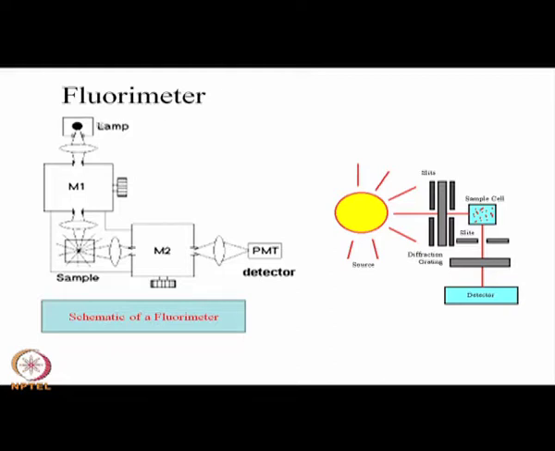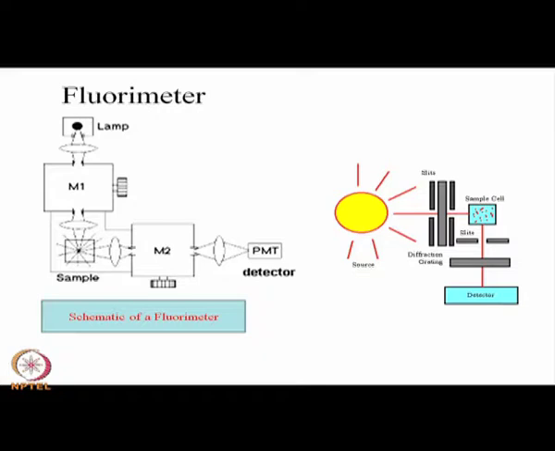So, therefore, you have a lamp, then there is one optics like a lens that will allow the light to enter into a dispersion medium. Generally it is called the monochromator, a dispersion medium. Why is a dispersion medium required?